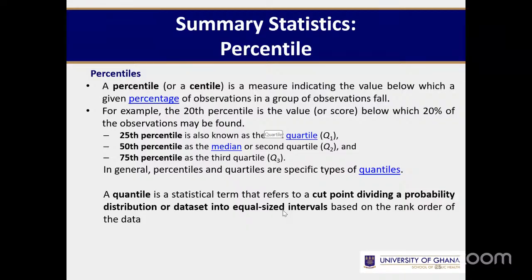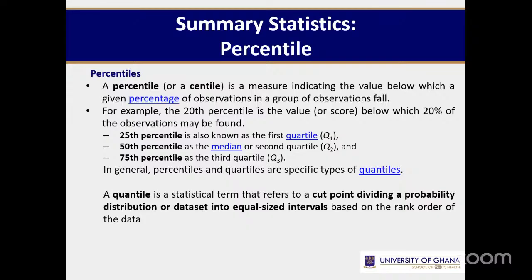If we are looking at the 25th percentile, that means we have done the first quarter. It's a quarter of the population. So the 25th percentile is also known as the first quarter, Q1.